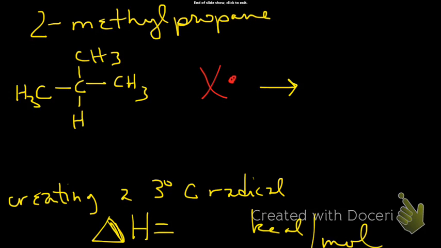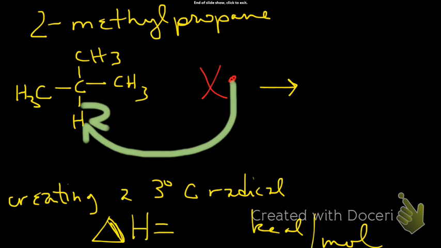Okay, so let's review the mechanism once again. We have the one electron from the halogen radical coming and abstracting, or removing, that hydrogen. One electron of the bond between the carbon and the hydrogen stays with the hydrogen, and the other one stays with the initial carbon.